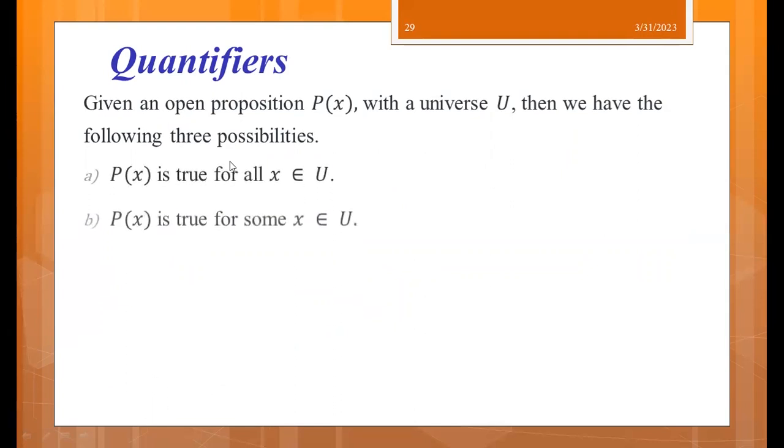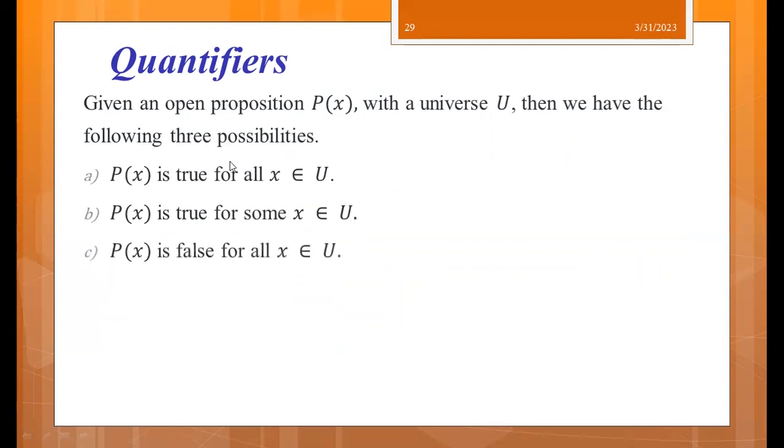If we are given any open proposition P of x and its universal set U, then depending on the truth values, it can be true for all x an element of the universal set U, or it can be true for some x which is an element of U and false for the others, or the open statement P of x can be always false, that is, false for all x an element of U.